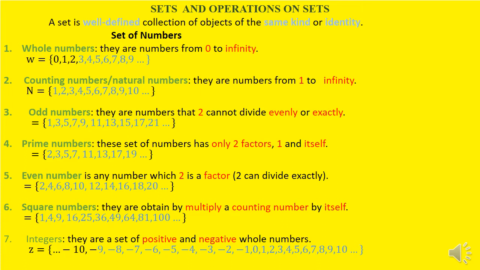It is denoted by the letter W. So the set of whole numbers: we have 0, 1, 2, 3, 4, 5, 6, 7, 8, 9, up to infinity.